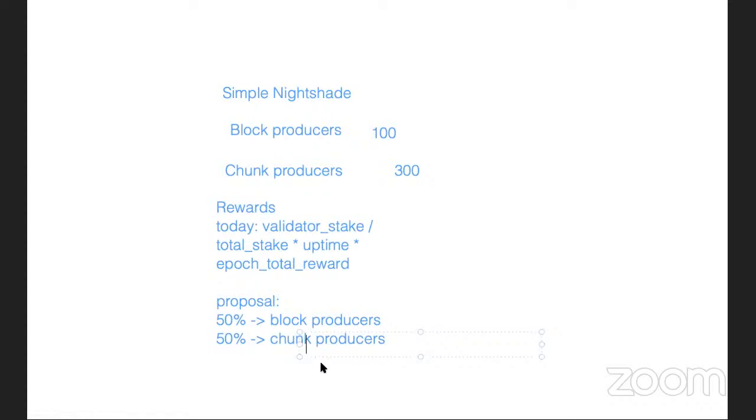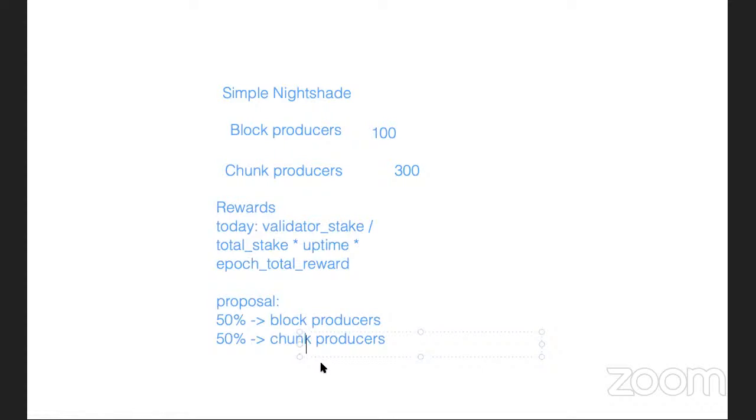For example, if every shard only has one chunk producer, then it's kind of a problem, because if they're just offline, then for the entirety of the epoch, no chunk will be produced for that shard, and the shard essentially just stalls, and we don't want that to happen. So we probably want a minimum of, I don't know, 5 or maybe even 10 chunk producers per shard.